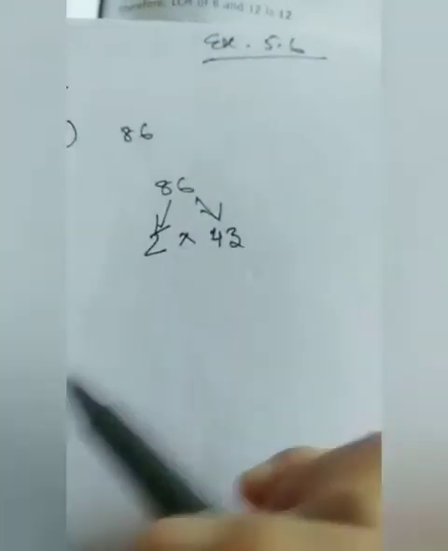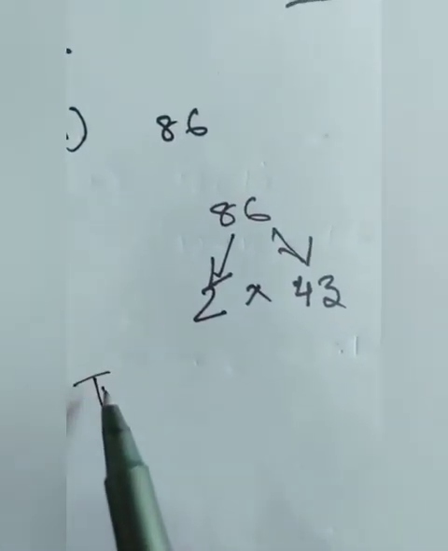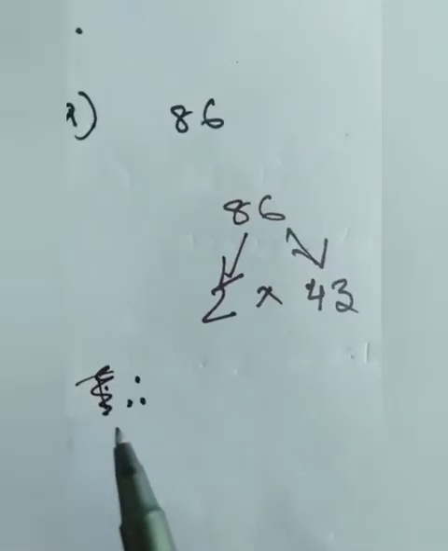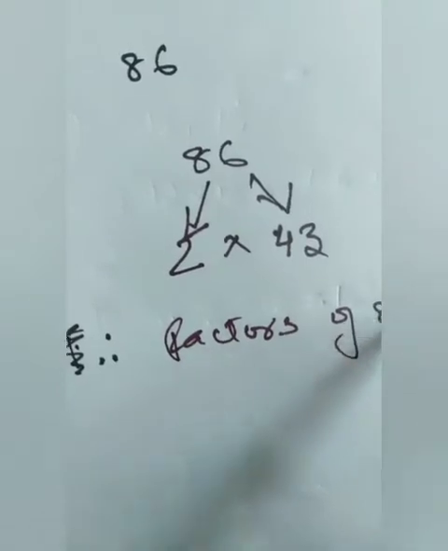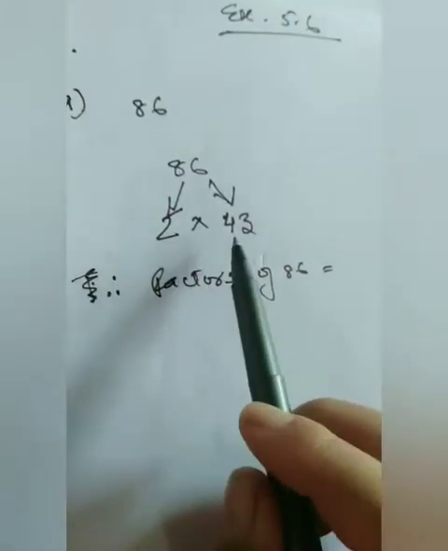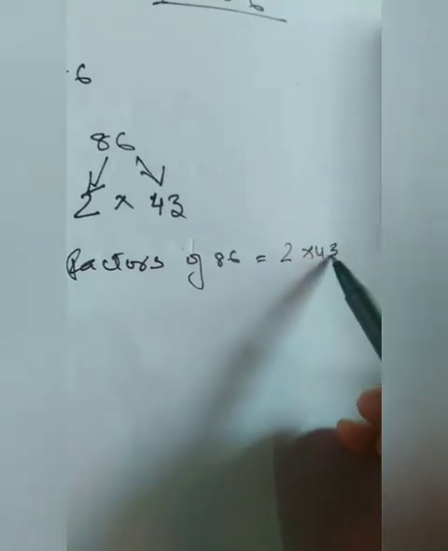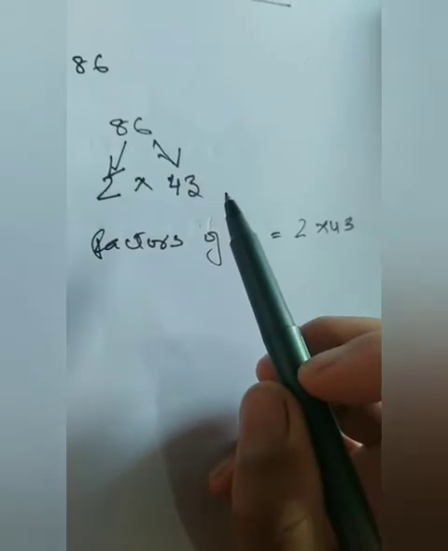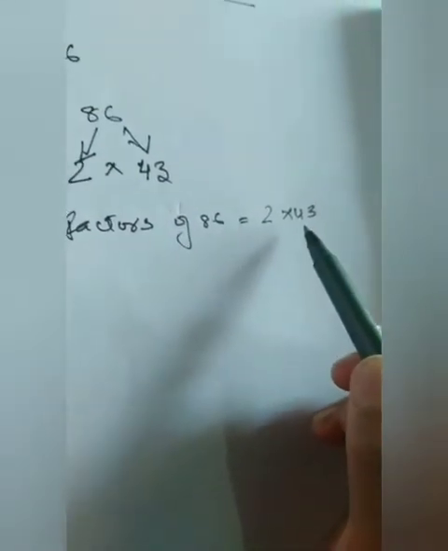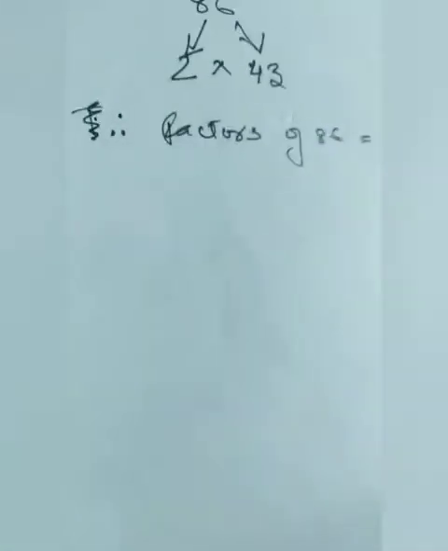So the factors of 86, you can write therefore, factors of 86 is equal to 2 into 43. 43 we cannot factorize further because it is a prime number, so let's stop here. So we get 2 and 43 as the factors of 86. That's it.